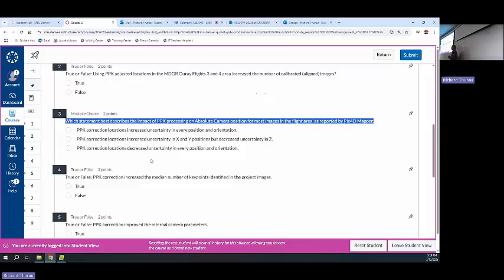A PPK location should decrease the uncertainty, right? Yeah. It'd be better. Right. And the more uncertainty we have, the more error we have.